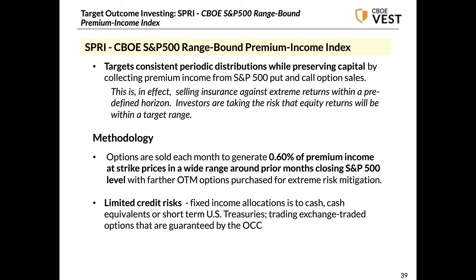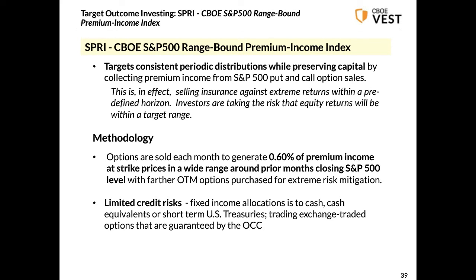So there's a third index that is called the Cboe S&P 500 Range-Bound Premium Income Index. And so this is an example of a strategy that is targeting consistent periodic distributions. More specifically, it's looking to generate 0.6% of premium income every month, which translates to about 7% of income a year.